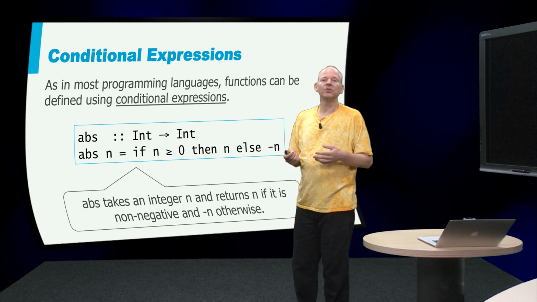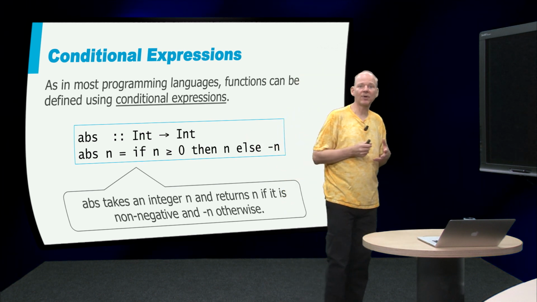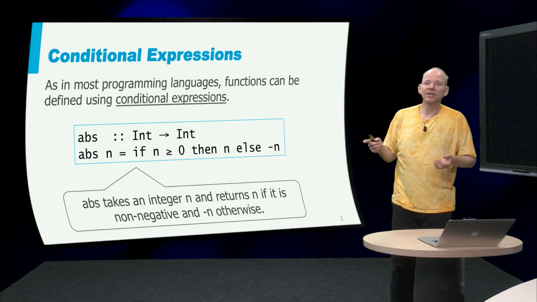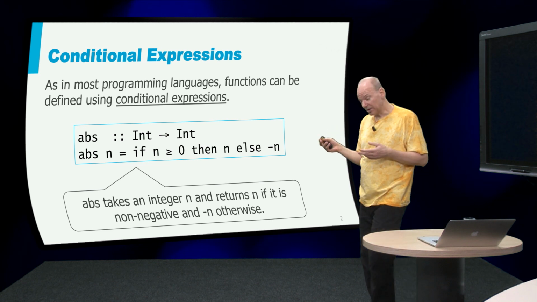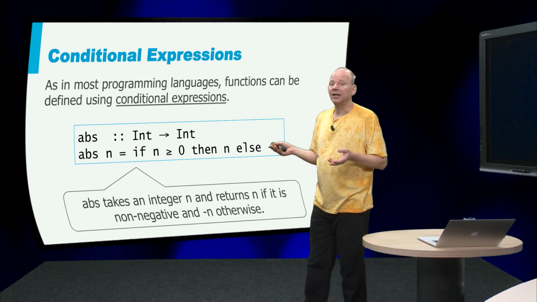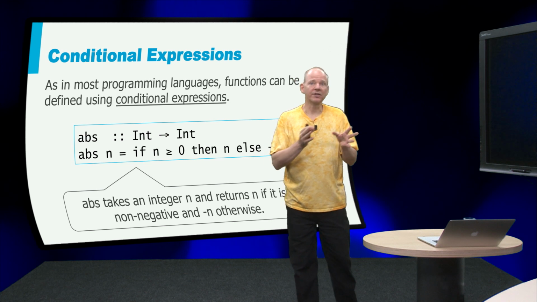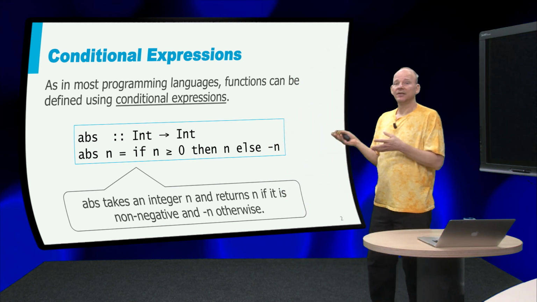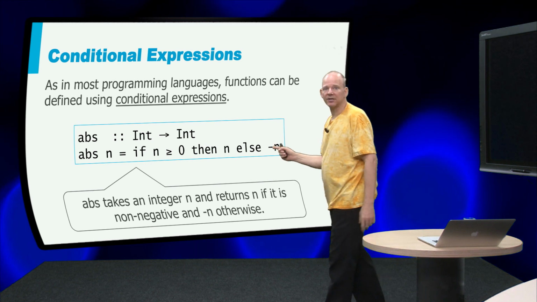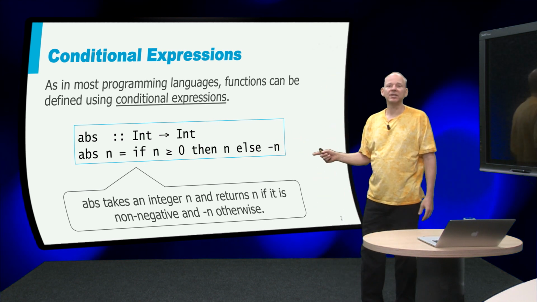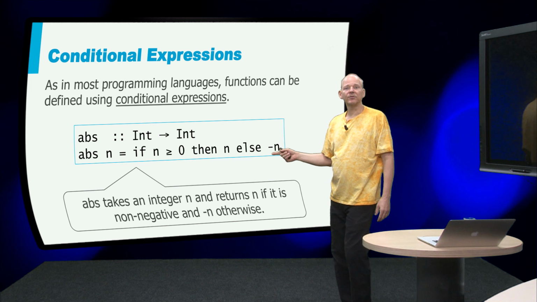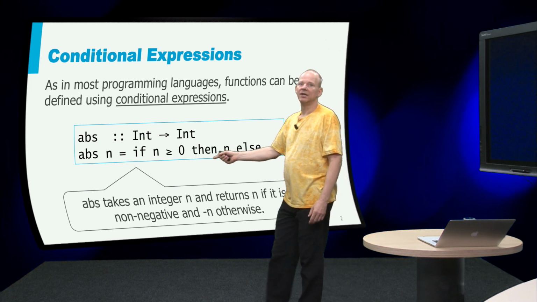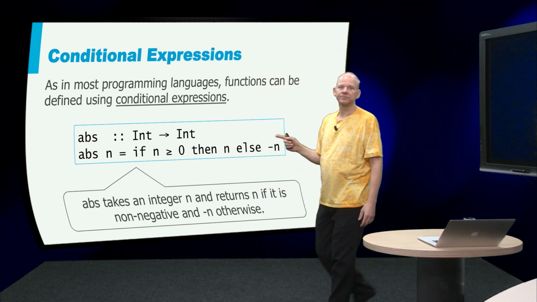Other languages do have if then else for expressions as well, for example Scala, but if you're using C# or Java, there are conditional statements, and then for conditional expressions, there's different syntax. Well, in Haskell, since there are no statements, when you want to write a conditional, you write if then else.